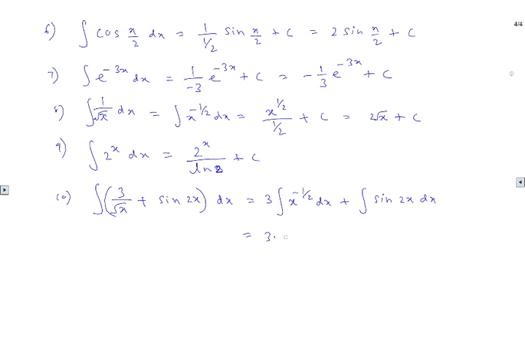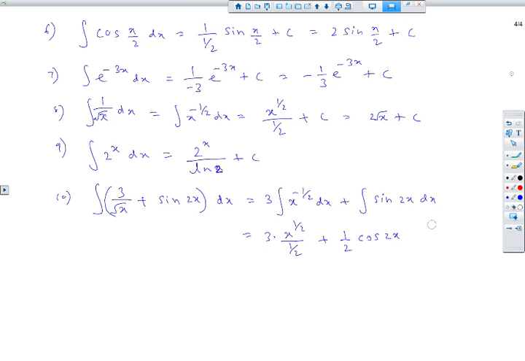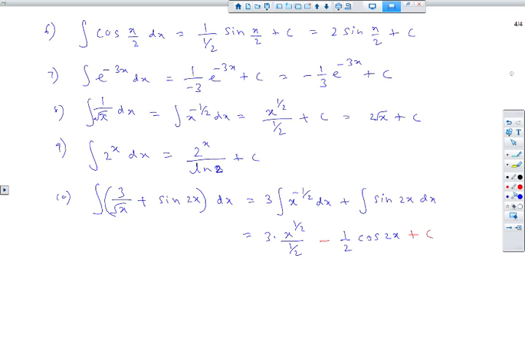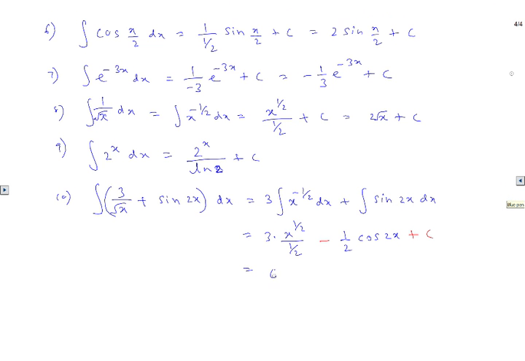Here you get 3, and you add 1 and divide by that, plus here sine with k equal 2, so it's 1 over 2. Sine means cosine 2x, with the negative sign, plus c. If you simplify this a little bit, you get 6 square root x minus 1/2 cosine 2x plus c. Okay, it's not that bad.